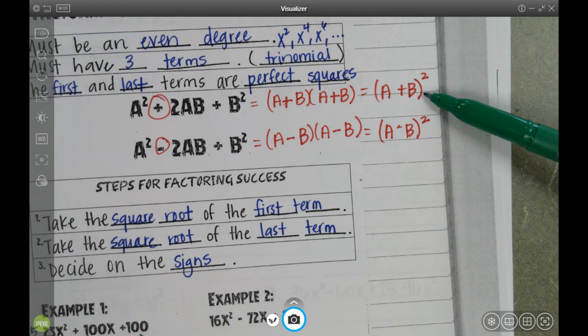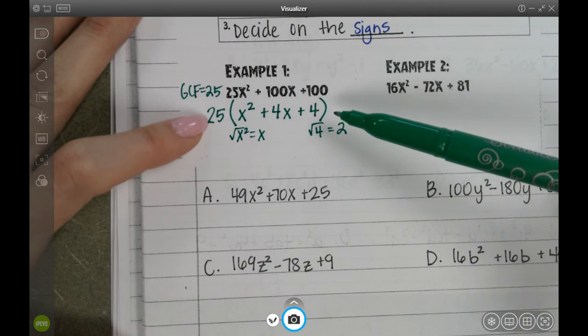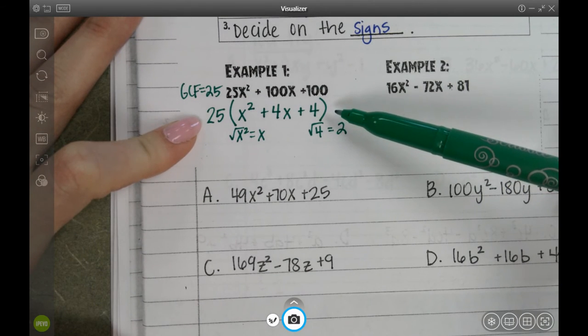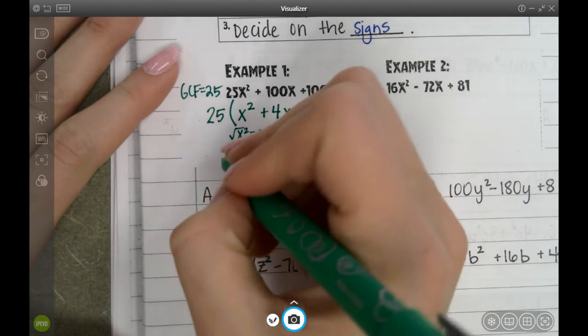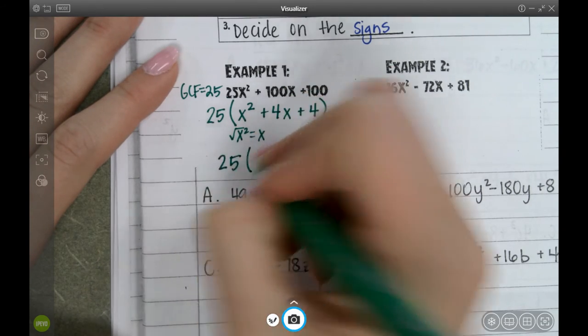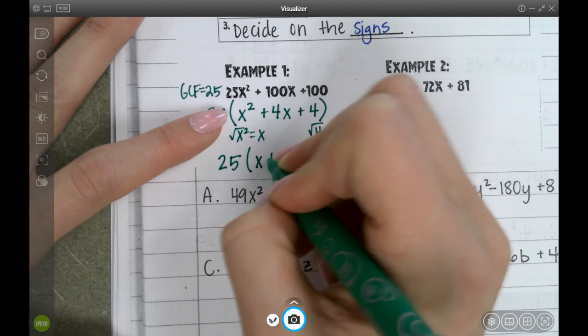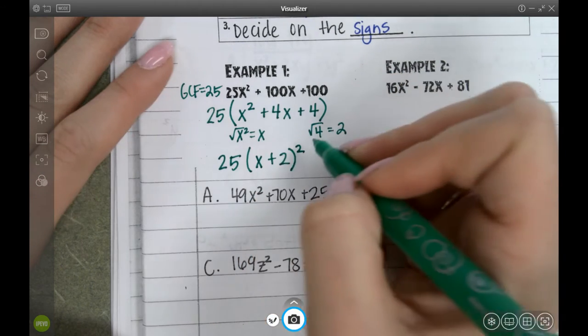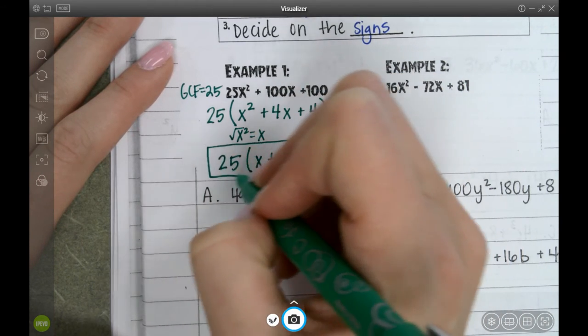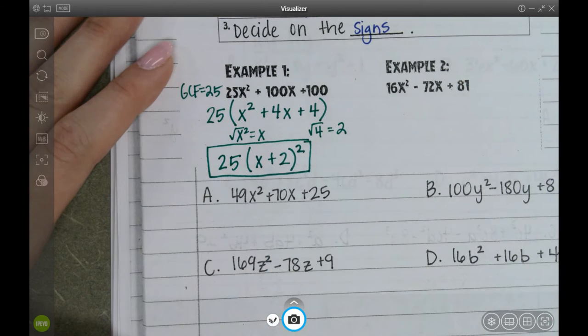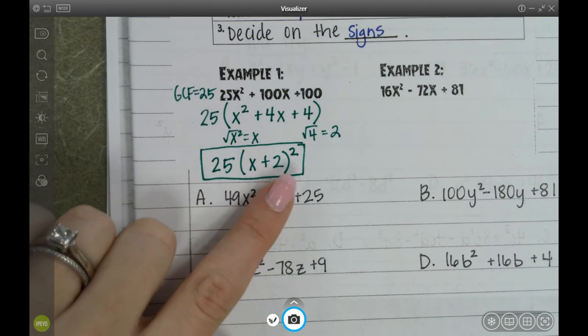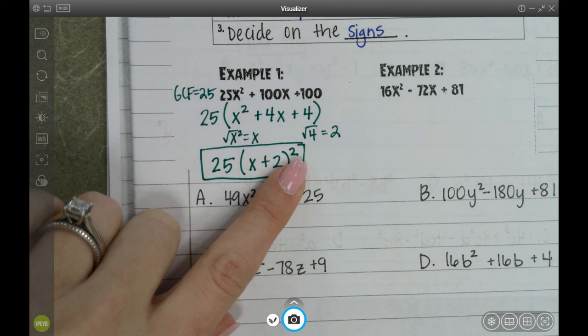Okay, so I'm going to go straight from 25 times x squared plus 4x plus 4 to 25 times x plus 2 squared. That's a plus b squared.